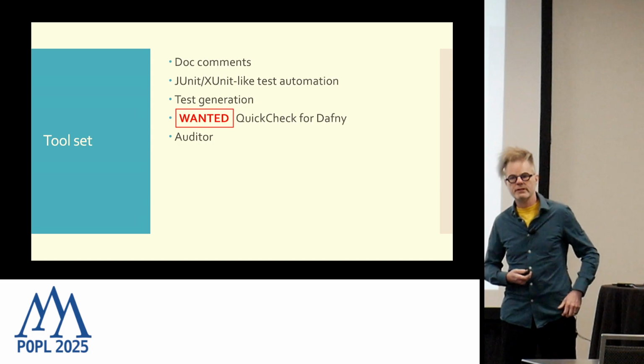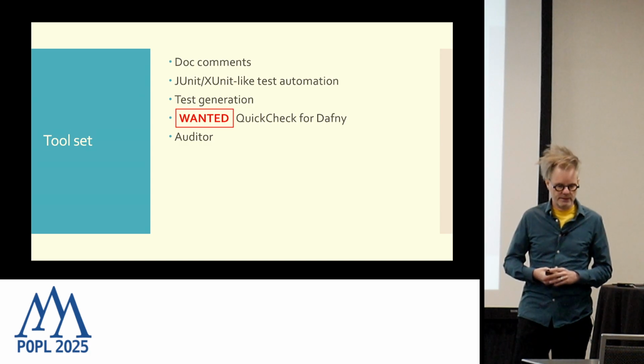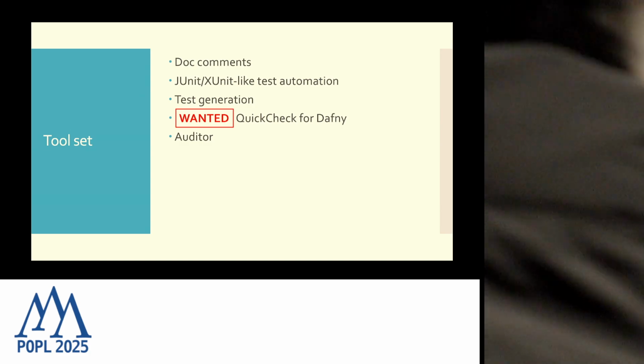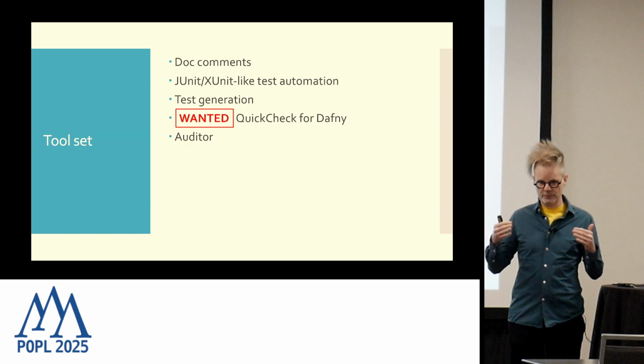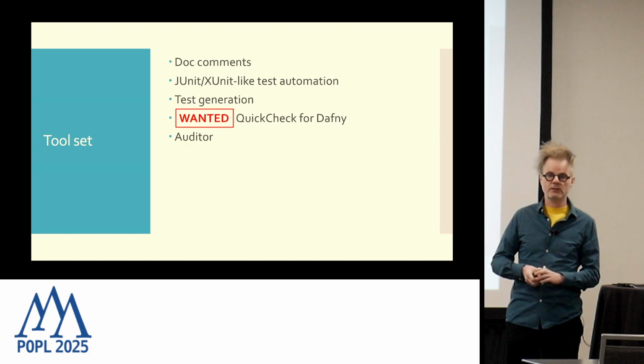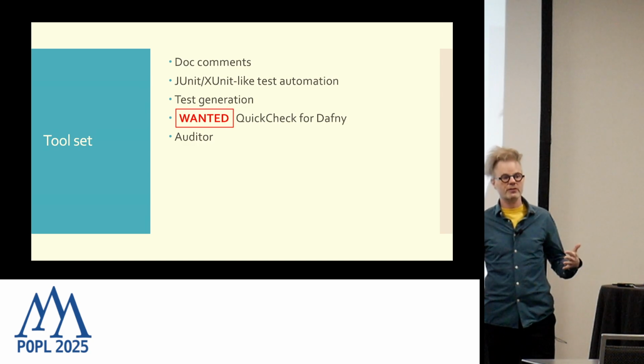There's an auditor that's being used for Dafny programs. The auditor checks the features that you use with Dafny where you could be skating on thin ice, and highlights them. And where are those in a verified language? Well, they are at the foreign function interface.